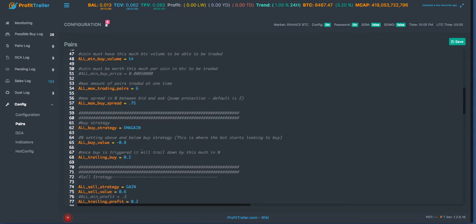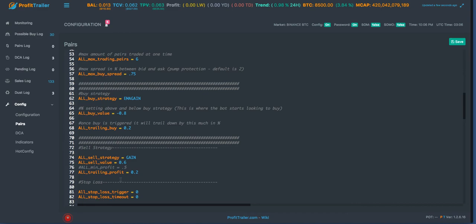So now where I did have a buy value of -1%, I've actually dropped that by the amount of my trail so that I can get a total buy value of -1%. And I'm going to risk that 0.2% for trailing, hoping that I can get some more downstroke on that. So if you want a buy value of -1%, you have to subtract whatever your trail is from that to actually get an effective buy value of -1%.